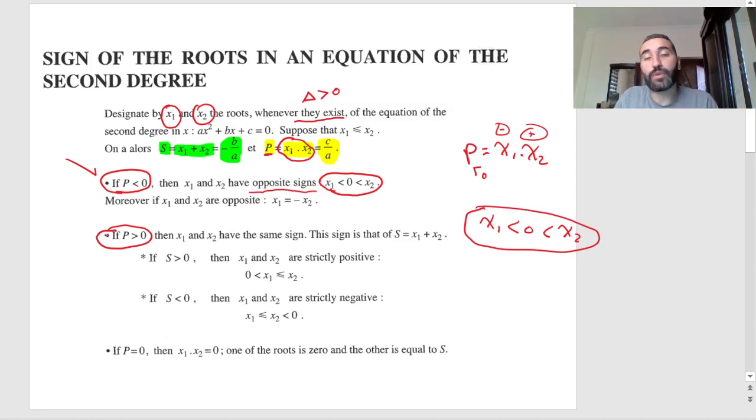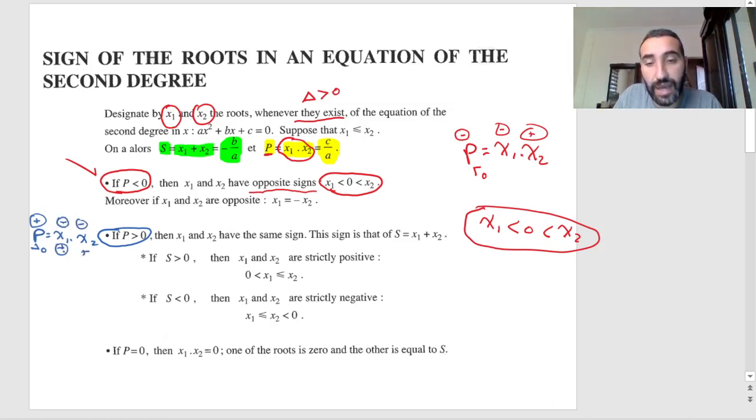What if the product is positive? Imagine the product is positive. I know that the product equals x1 times x2. If the product is positive, meaning greater than 0, it means the two roots are either both negative or both positive.